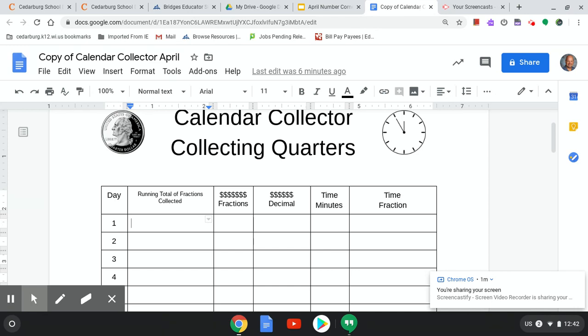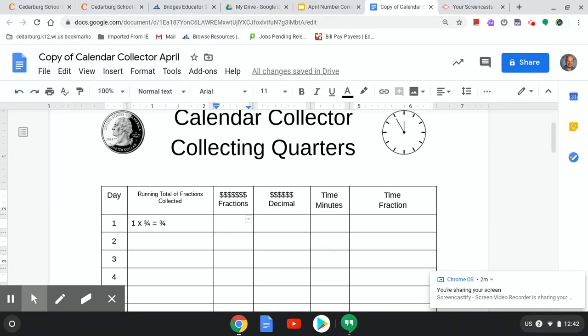So what is that going to look like as an equation? I'm going to have 1, and I'm going to multiply that by 3/4, and that's going to equal 1 times 3/4. Well, that's pretty easy, 3/4. Now I have to look at what that looks like as money.